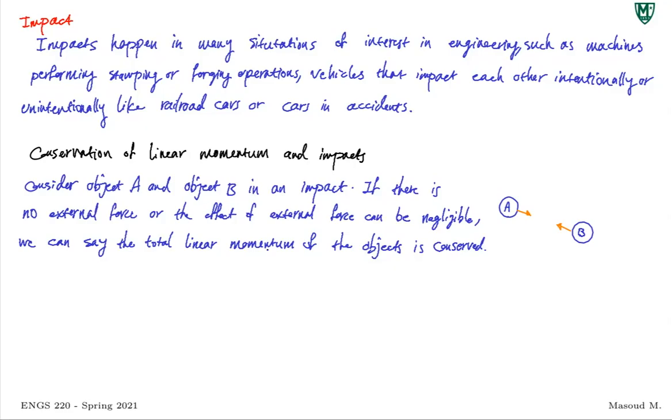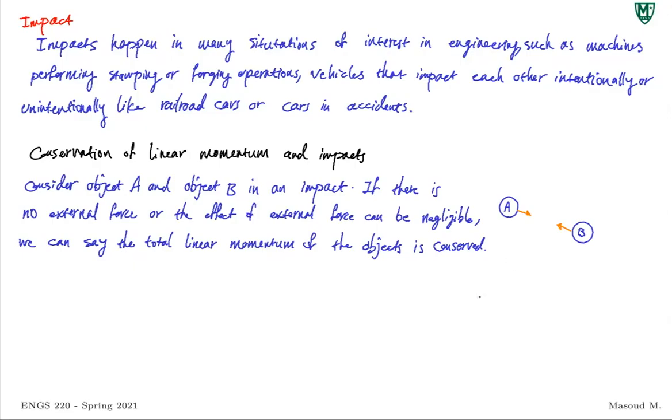Let's think about it this way. Now, when there is an impact with no external force, right? Assuming no external force, whatever force object A applies to object B is the same amount that object B applies to object A, right? This is Newton's third law, simply.